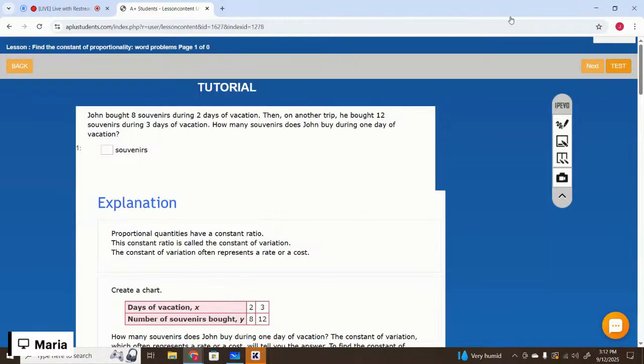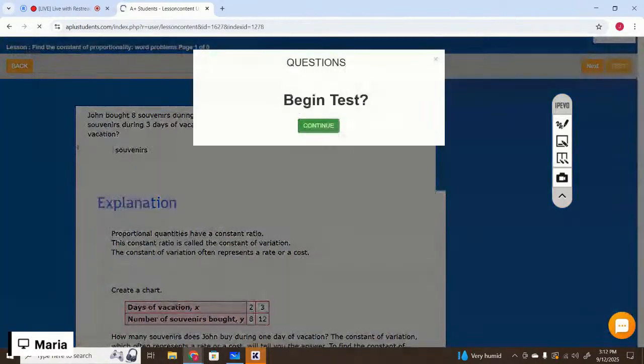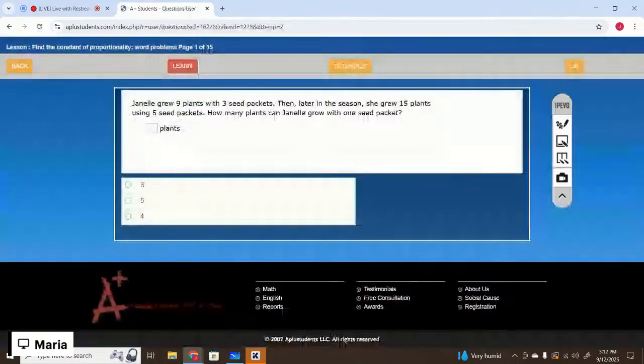Let's just start with the test questions. Janelle grew 9 plants with 3 seed packets.